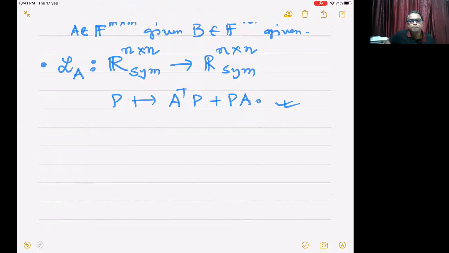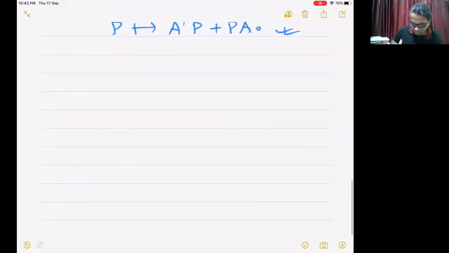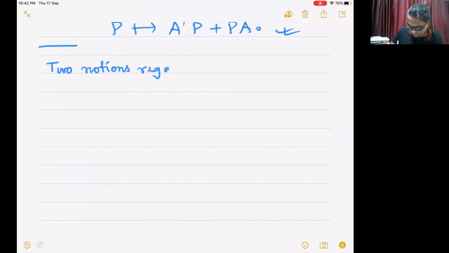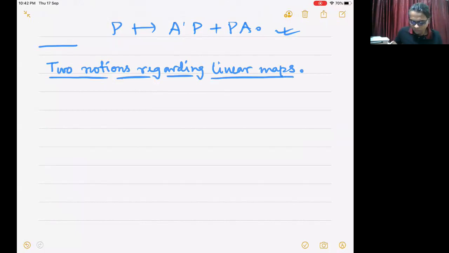What we are interested in, in this module of the lecture, are these two notions regarding linear maps. What are these two properties?